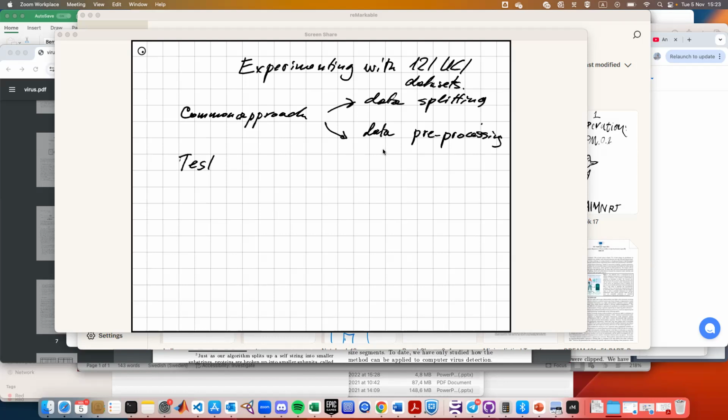Train, validation, test. So what is a general rule? What are the main properties for, say, a train and a test set?